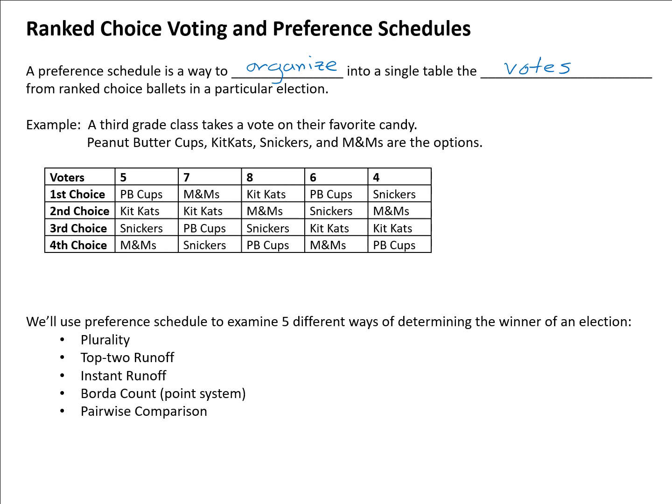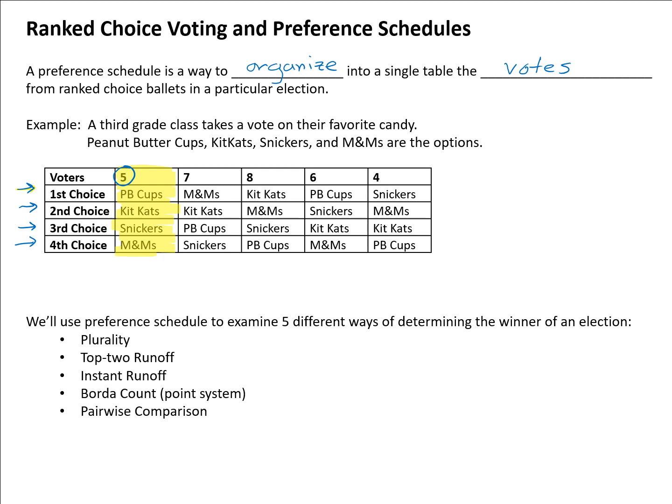What we have at the top are the number of voters, and in the first column, after voters, I have 5 people, and below that 5 are the preferences those 5 people voted for. And those preferences are ranked as first choice, second choice, third choice, and fourth choice down the table. So what this is saying is that 5 people voted for peanut butter cups first, Kit Kat second, Snickers third, M&Ms fourth.